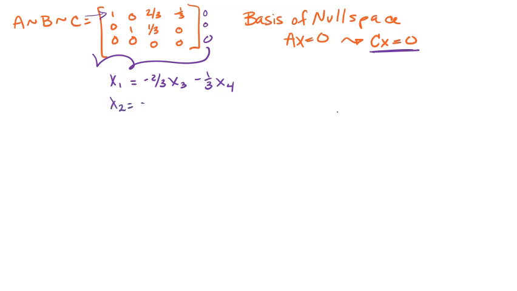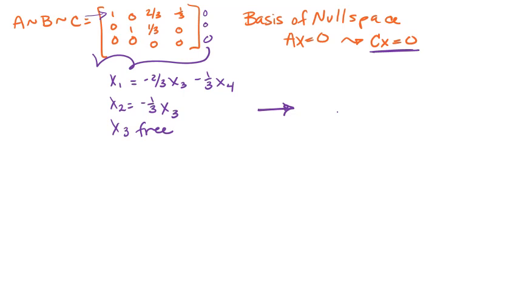x2 is equal to negative 1/3 x3. And then x3 is free. Okay, so what we will do next is find those vectors, and we get the following.